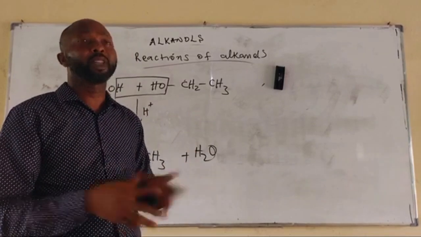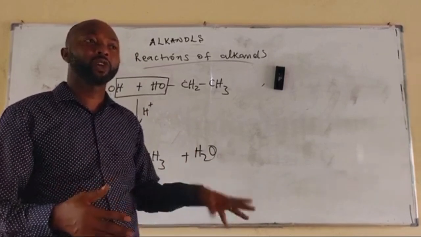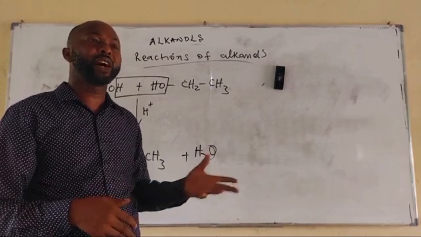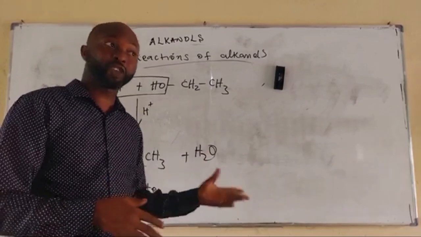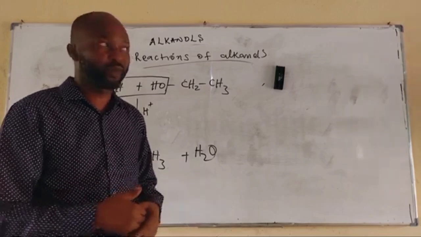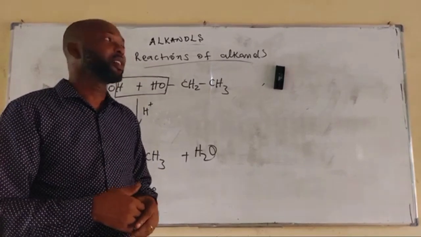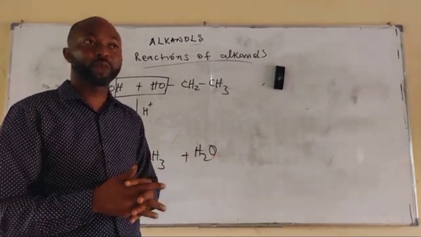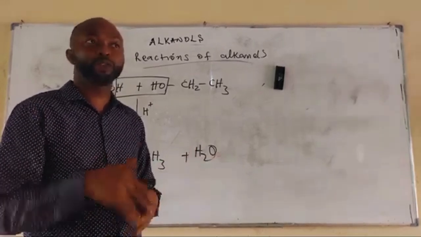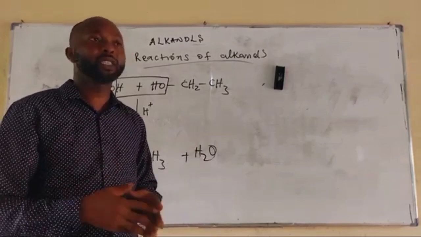And we talked about the preparation of alcohols, where we undergo hydration, and we also have the fermentation process, in which we can also carry out the production of illicit gin, which is ogogoro here in the west part of Africa. In the preparation, we talk about the reaction with phosphorus trichloride and phosphorus pentachloride.